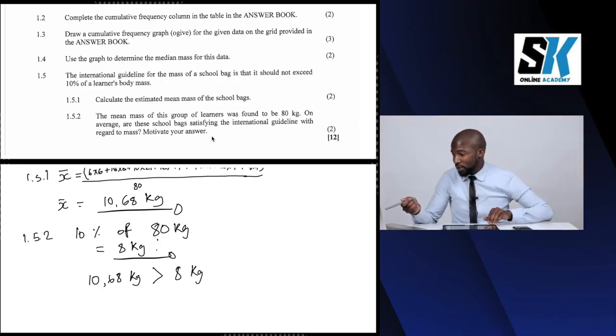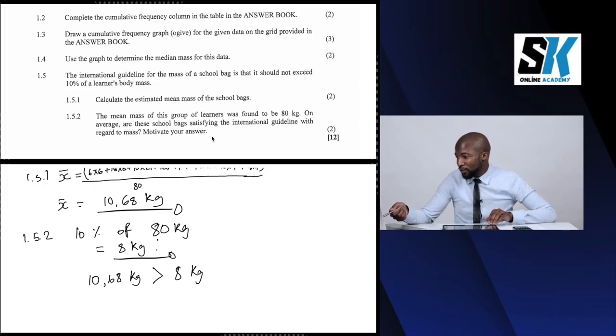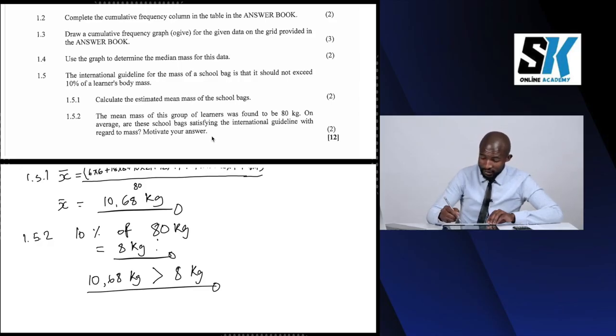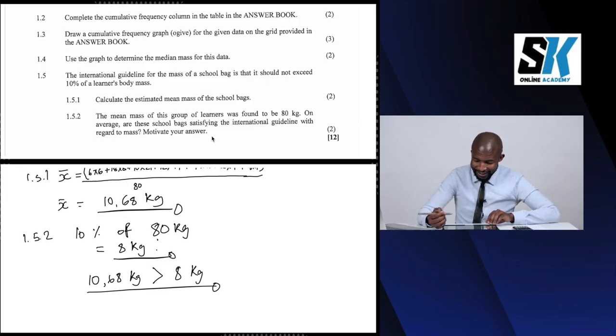Coming back to the question, it says the mean mass of this group of learners was found to be 80 kgs on average. Are these school bags satisfying the international guideline with regards to mass? Motivate your answer. So since we got 10.68 kgs, and we saw that 10% of 80 kgs is 8 kgs, we find that 10.68 kgs is greater than 8 kgs.